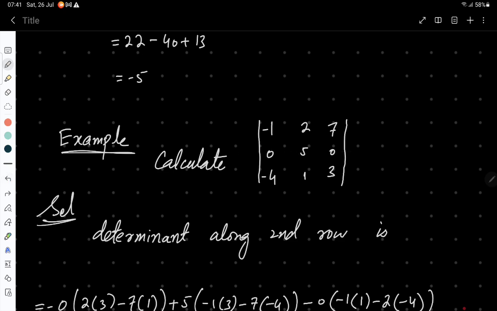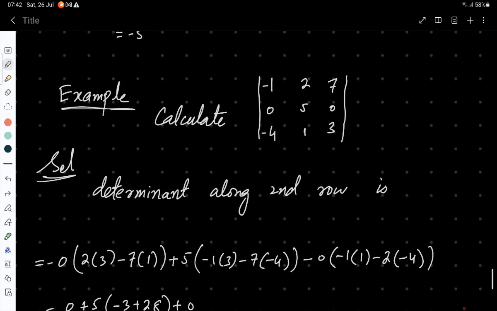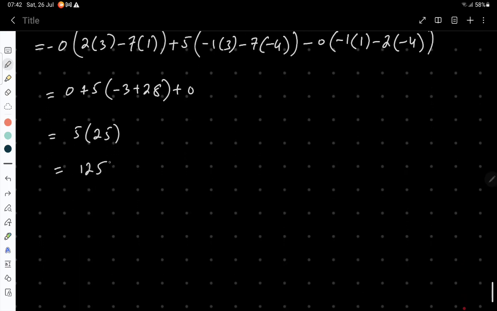You can calculate along this row, or this row, or this column, or any column, and you will end up with the same answer, which is 125. So this is a very good exercise to check. If you calculate the determinant along any row, then calculate the determinant along any other row or column. Let's check whether you are getting 125 or a different number. This is an exercise for you.